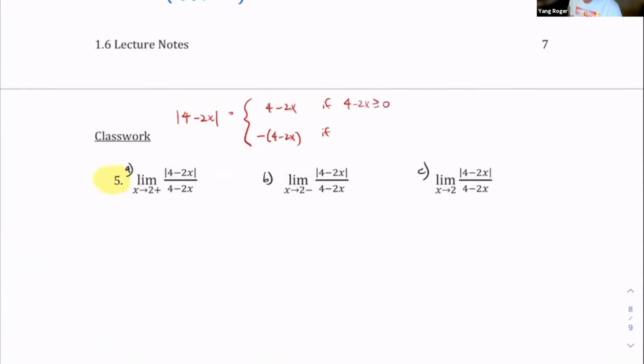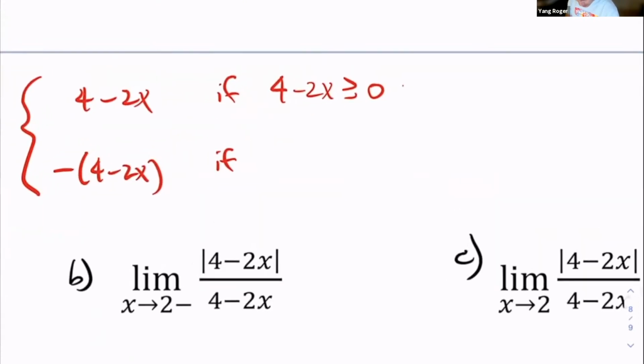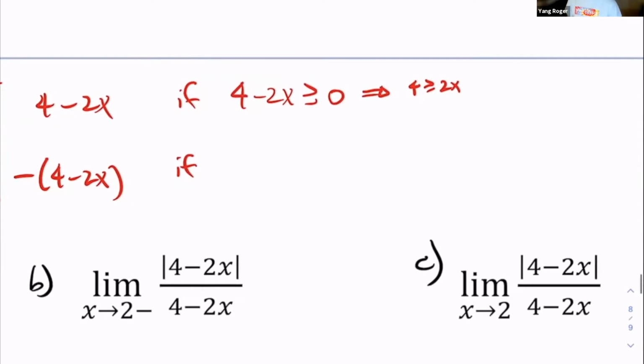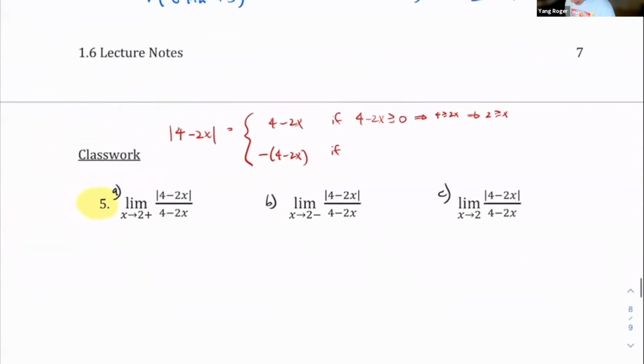How do I simplify that expression? I can add 2x to both sides, so this will be 4 greater than or equal to 2x. And then I can divide both sides by 2, so this becomes 2 is greater than or equal to x. But that looks a little weird, so we're going to write it as x is less than or equal to 2.